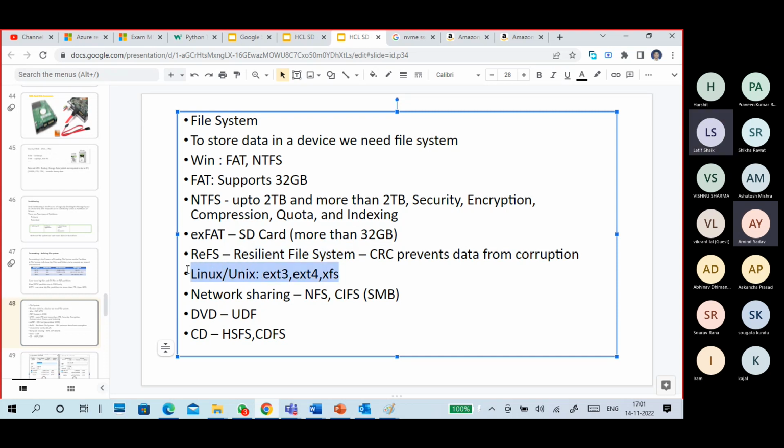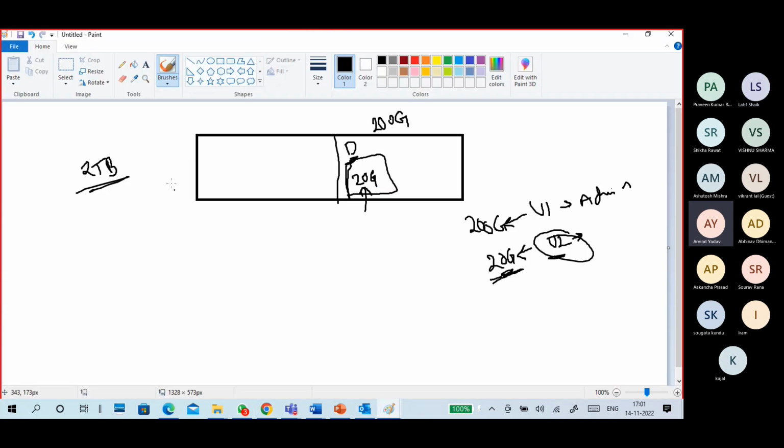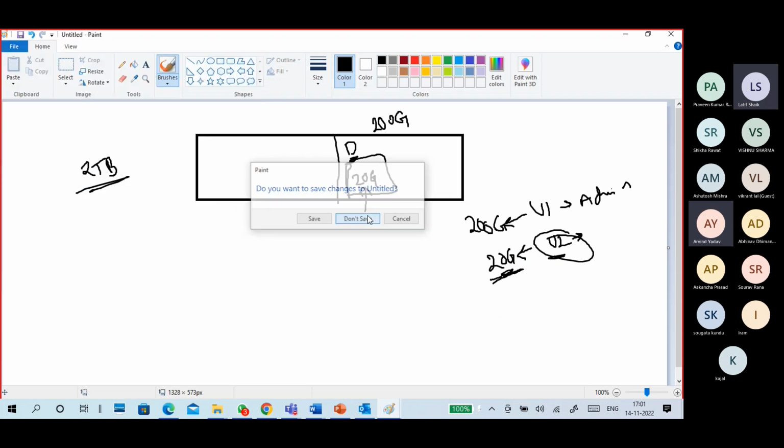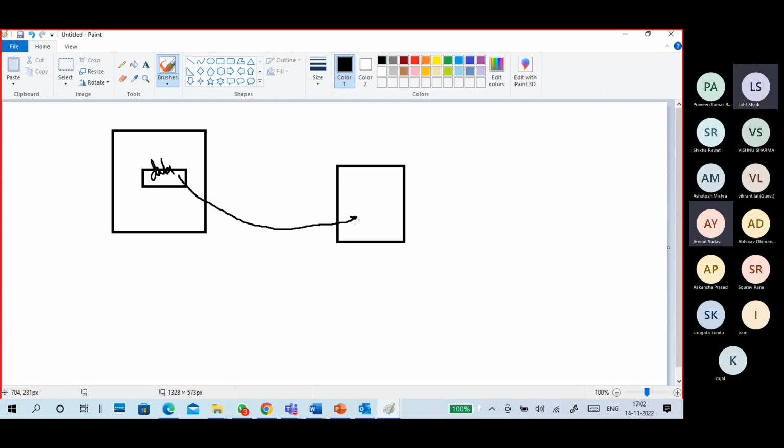In Linux, we have file systems like ext, ext3, ext4. There is a file system used while you are sharing files. For example, you have a computer with data, and I want to share it so that another person can access or synchronize the data.